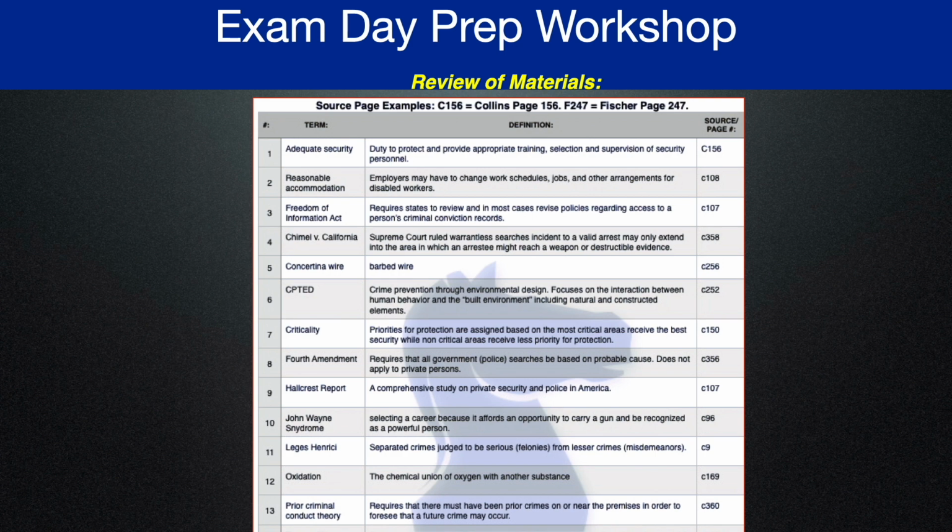In the second column, you see the keyword or term, adequate security, which comes from the Collins book. In the third column, you're getting the definition, and in the fourth column, way over on the right, is the page number where you can find that particular term if you want to go back and read more information about it.